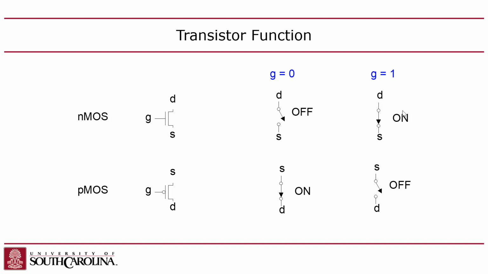Now, do we care about which is the source and which is the drain? Not really. I don't know why. Notice the drain is on the top for NMOS, and the drain is on the bottom for PMOS. I don't know why. That's just a convention.